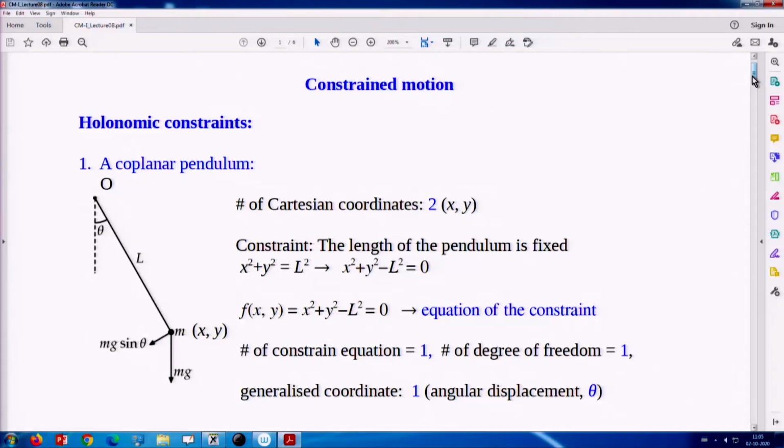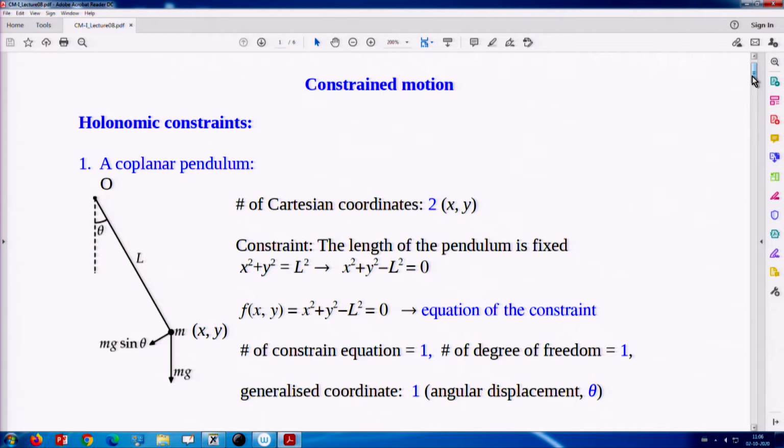A very good day. So, today we will discuss constrained motion and how to handle this constrained motion. Actually, we have already done some examples of constrained motion, like writing the Lagrangian for a coplanar pendulum or double pendulum, etc., without bothering about the constraints.